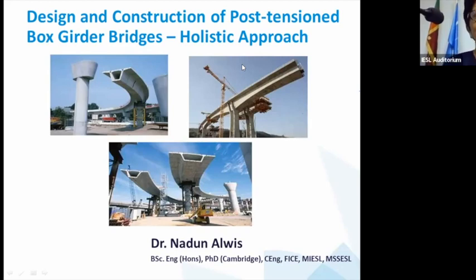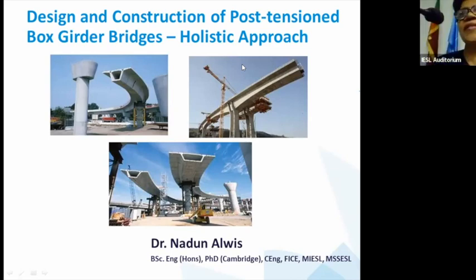He says a bridge is not a piece of abstract art. It is a structure which has to satisfy a need, get built, and be durable, maintainable and economical. And the design has to start with this in mind.